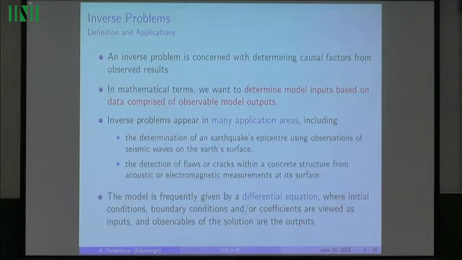Yeah? So here you have the seismic waves at the Earth's surface, which means that you have the seismic waves at a certain point in time and space. So that is going to be the solution of the seismic wave equation, and observables, which are just evaluations at a certain point in time and space. Okay? So these are the type of models that we're interested in.